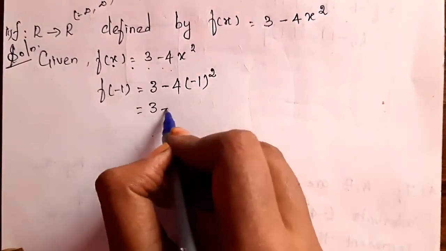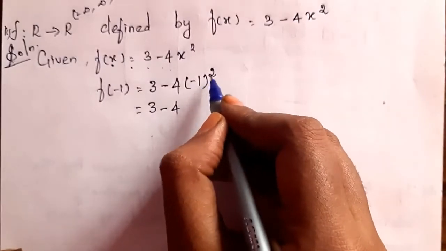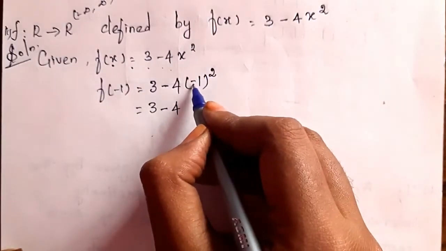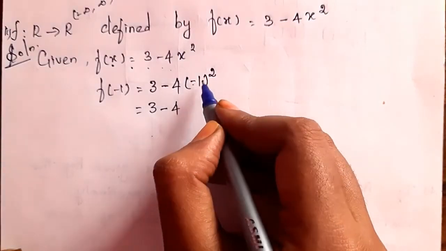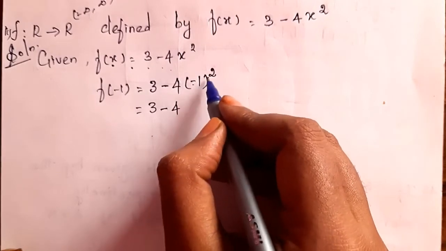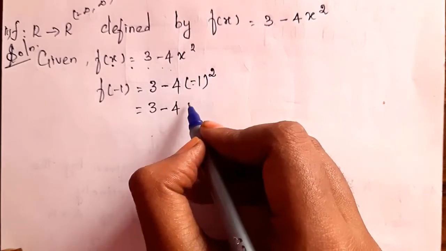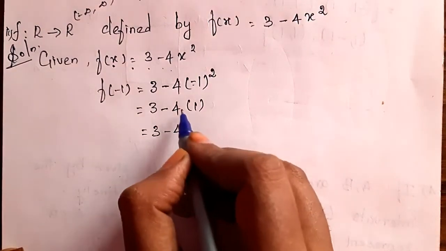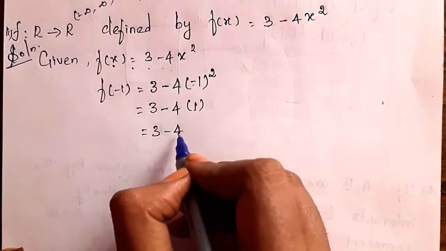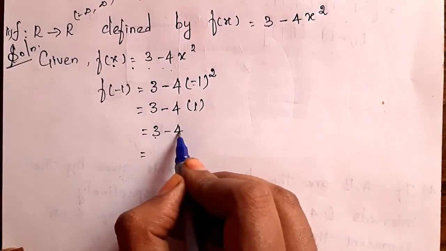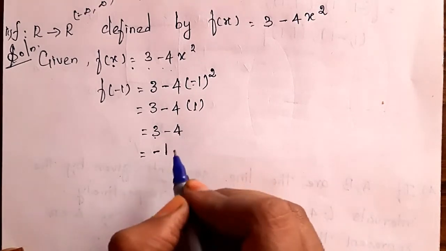That is equal to 3 minus 4 into minus 1 square. You have to square the sign also. When you square negative, you will get plus. When you square 1, you will get 1. So 3 minus 4, because 4 into 1 is 4, you will get minus 1.